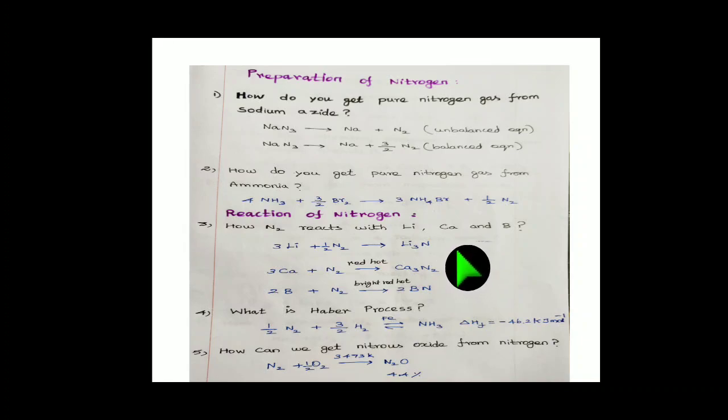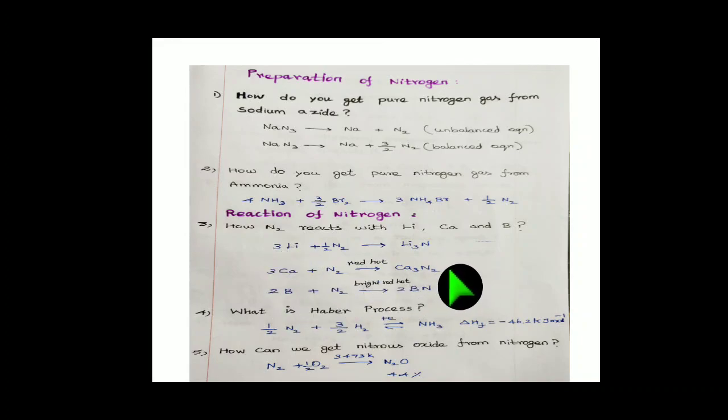Here in this equation, make nitrogen 1 on the left side, because the right side has only 1 nitrogen. So 1 by 2 we have to give, and the 2 will cancel. Right side 3 lithium, so left side I put 3.